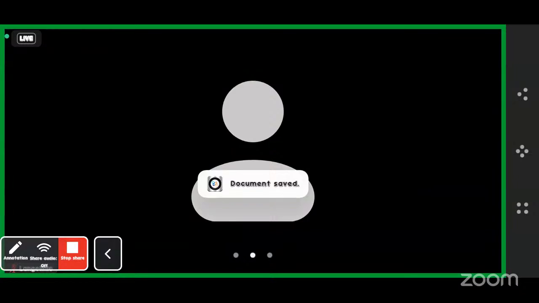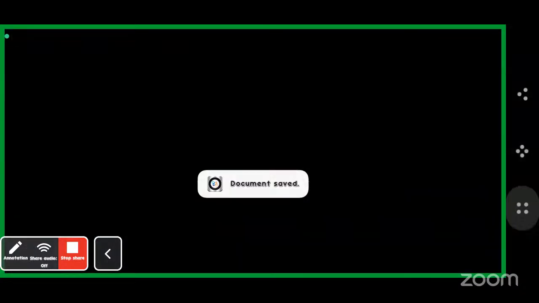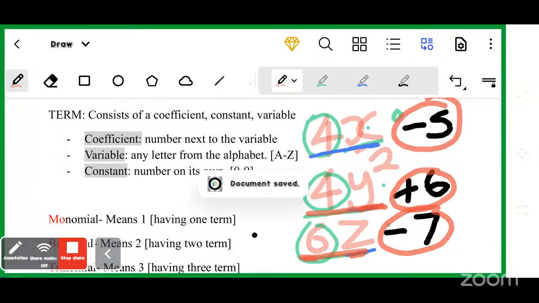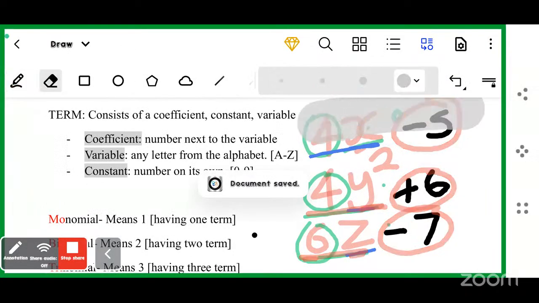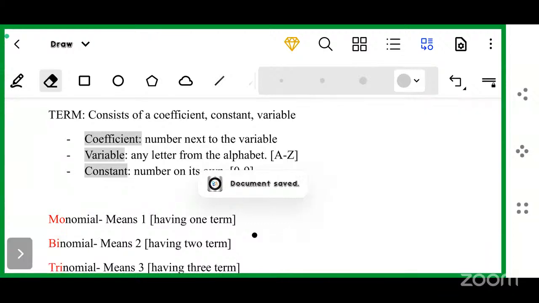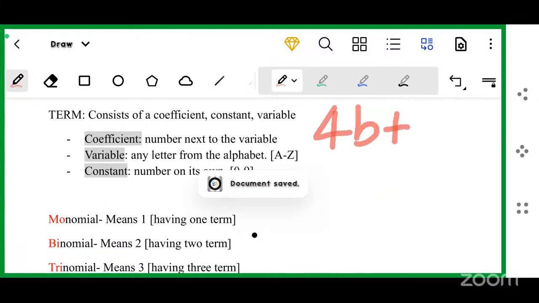Perfect. Since we are all clear, let me give you this one. Let's say we have 4b plus 6. Which one do you think is the coefficient? The coefficient is 4. Perfect.